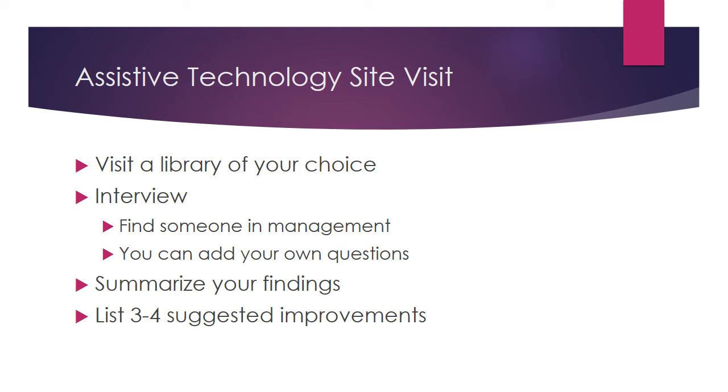The assignment is to interview someone, ask those questions. You're going to summarize the findings, and then you're going to give a list of 3 to 4 suggested improvements, specifically for assistive technology in that library. It's pretty straightforward. I think the hardest part is going to be finding the right person to talk to.